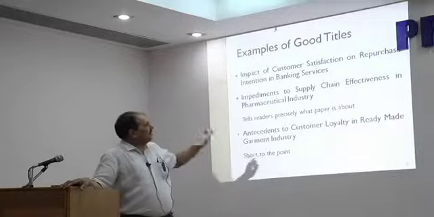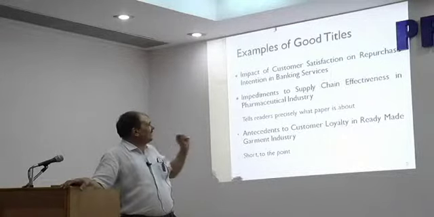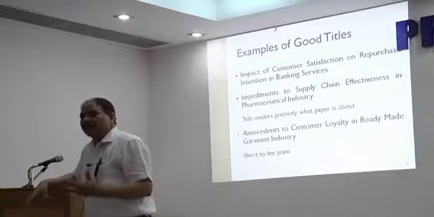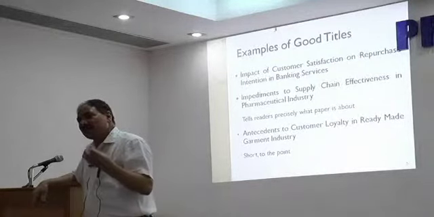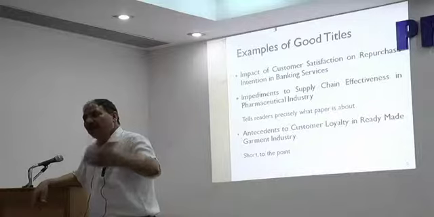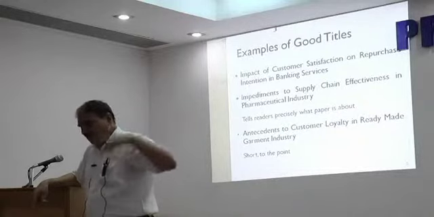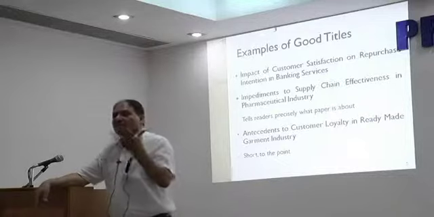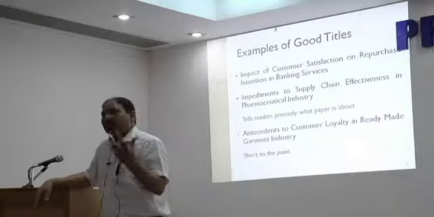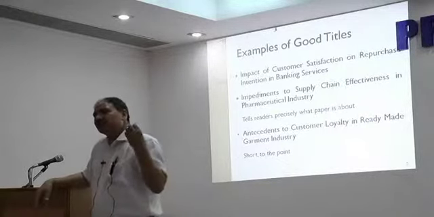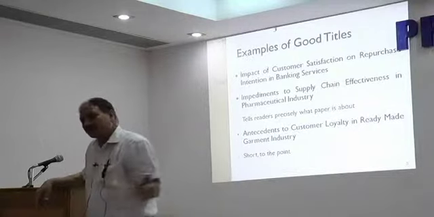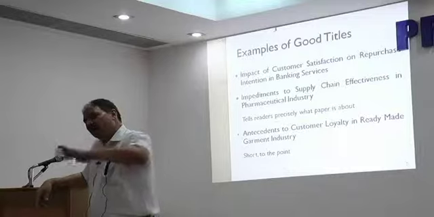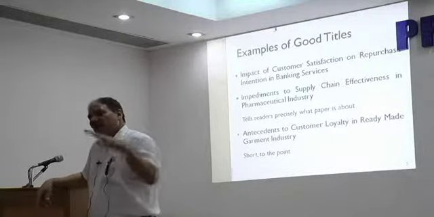Second title, look at it: Impediments to Supply Chain Effectiveness in Pharmaceutical Industry. Now, we could have divided the impediments into a number of groups, like impediments related to communication between organizations, physical movement, that is physical supply, or negotiations, and so on.